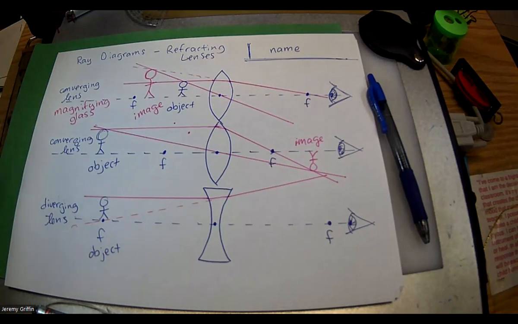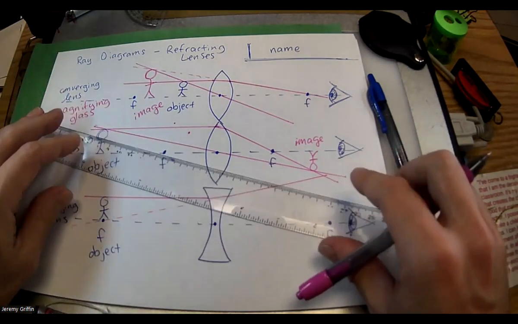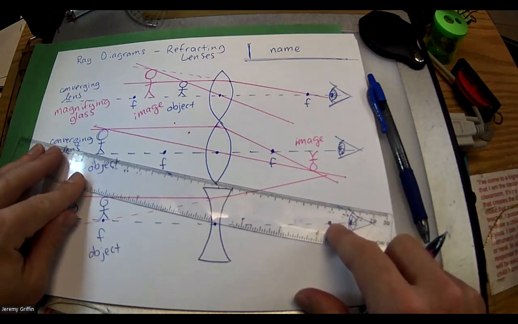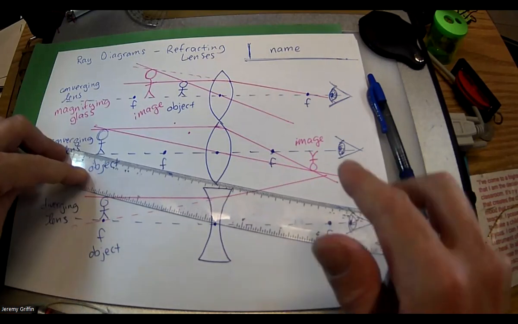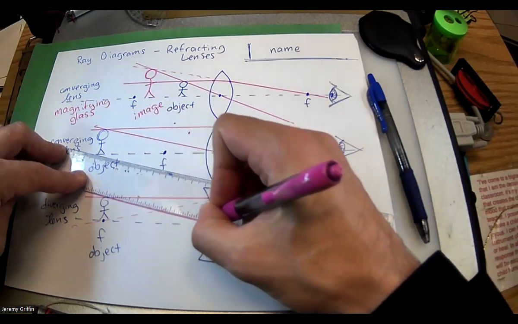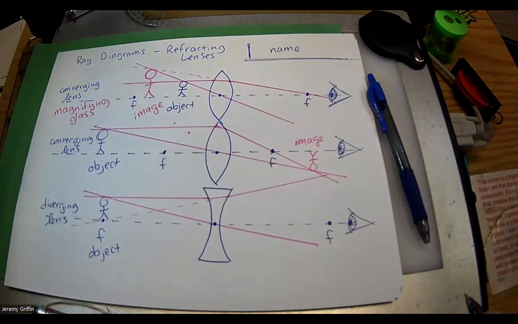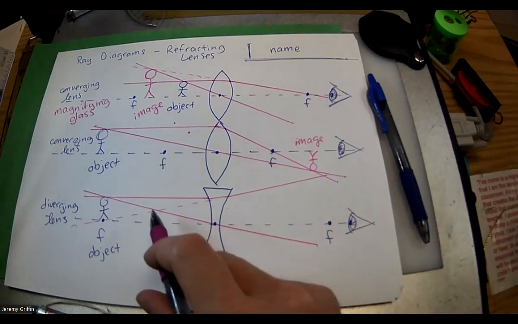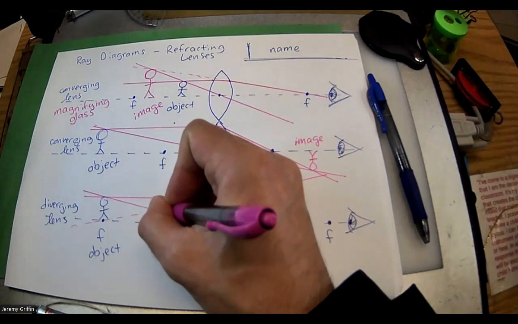You got that? Okay, and then remember the other ray of light we need is from the top of his head straight through the center of the lens. So a straight line, zip. Do you guys see where the image is going to be for that one? Look at where those lines cross. You guys can find where the lines cross? The lines cross right here.